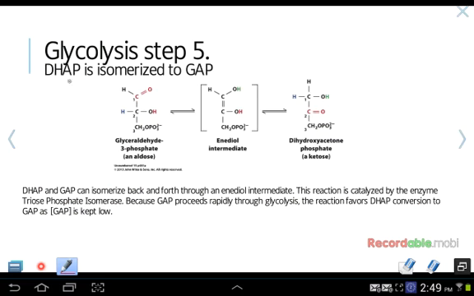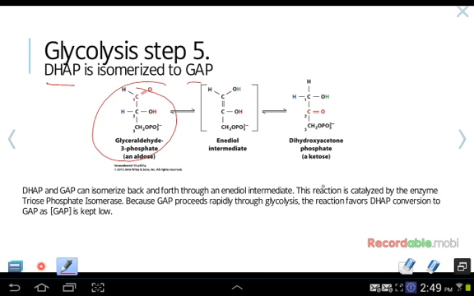All right, so in step 5, the dihydroxyacetone phosphate, or DHAP, is isomerized into GAP, or glyceraldehyde 3-phosphate, because glyceraldehyde 3-phosphate is what continues to be used in glycolysis, not the dihydroxyacetone phosphate.